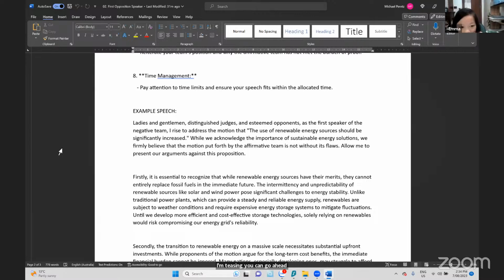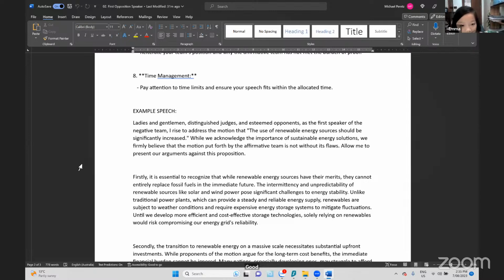Distinguished judges and esteemed opponents, as the first speaker of the negative team, I rise to address the motion that the use of renewable energy sources should be significantly increased.